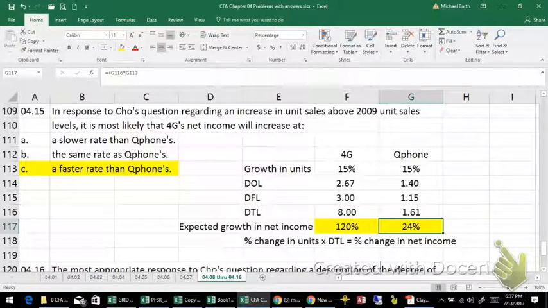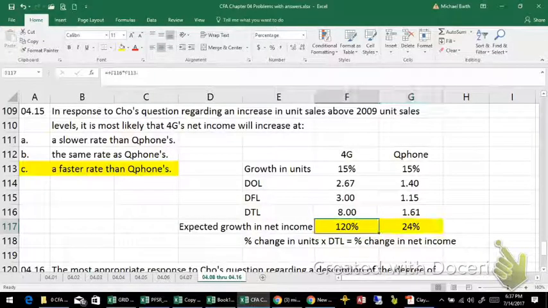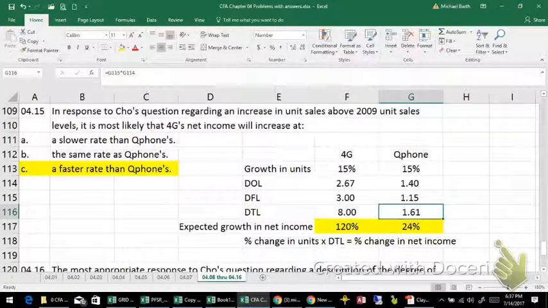So the answer is C. With an increase in unit sales above 2019, 4G's net income would increase by 8 times whatever the percent change is. Q-Phone's would only increase by 1.61 times whatever the percent change is.